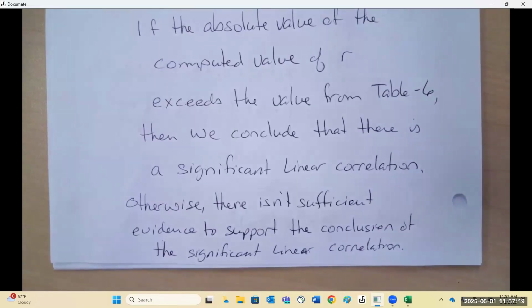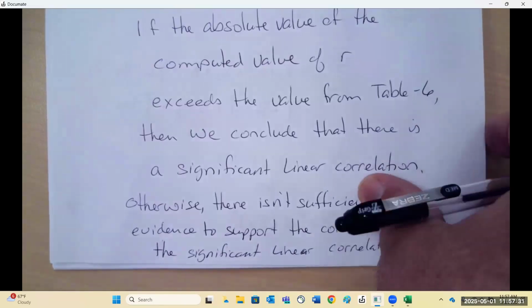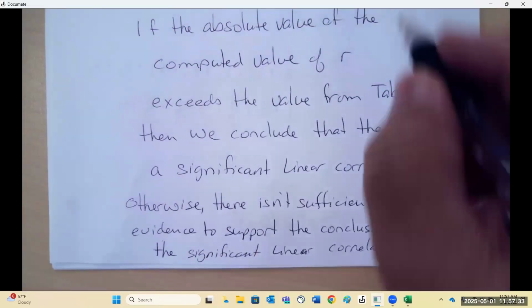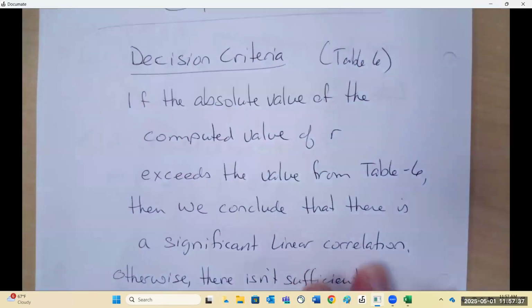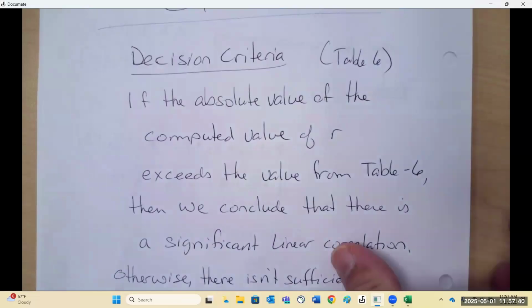So that's if you use the table for that. There is a t-test we can use, similar to what we would use in the p-value. So this is the decision criteria for table 6, if you're using table 6.